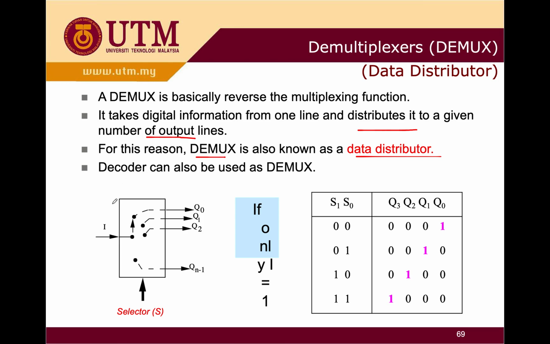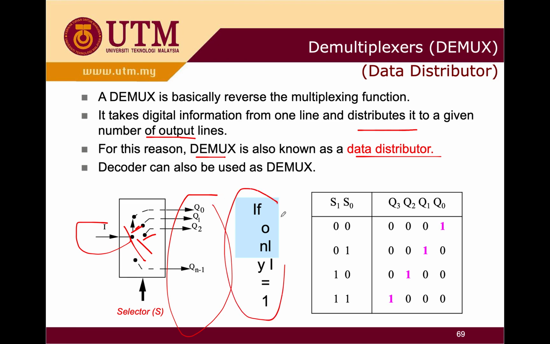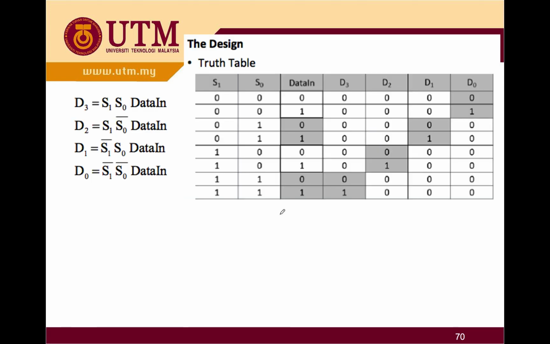You have only one input and you distribute it to many outputs. This is the keyword: for DEMUX, you have only one input, but for MUX, you have only one output.